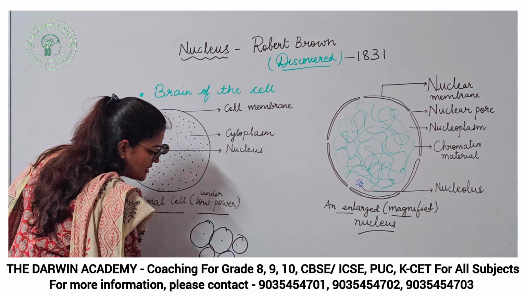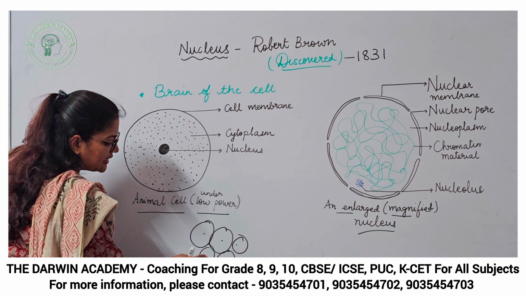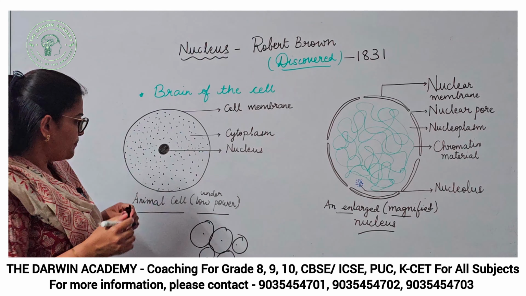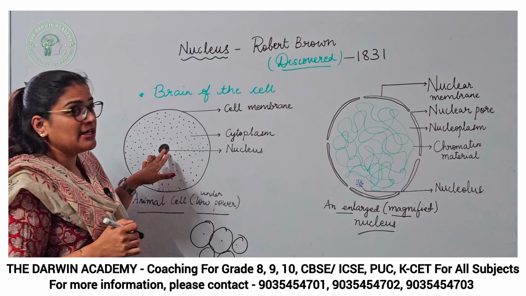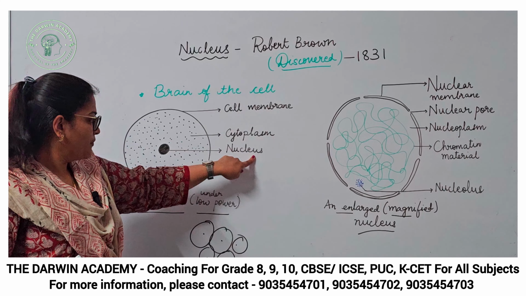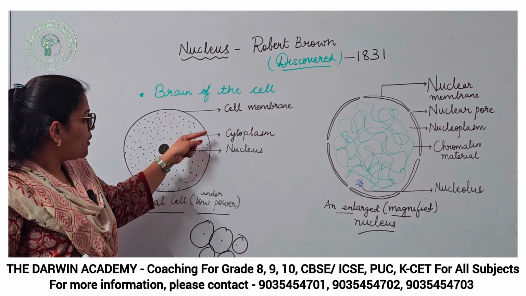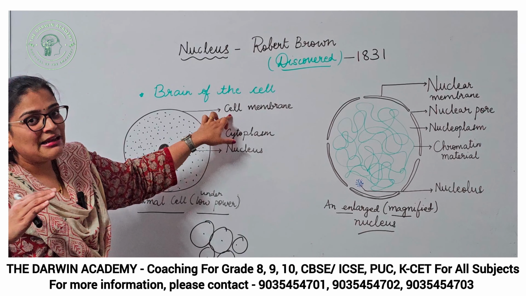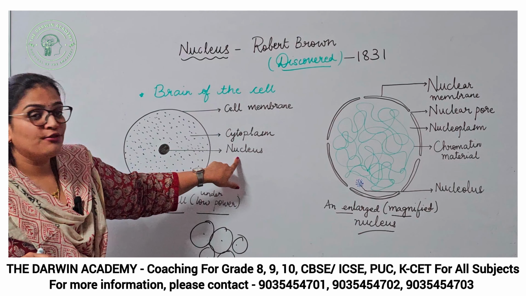And I would be seeing something which is a dark spot, probably at the center, because I have stained it. It would be dark blue in color. That region is actually the nucleus. And the boundary of any particular cell would have taken a lighter color when compared to the nucleus.